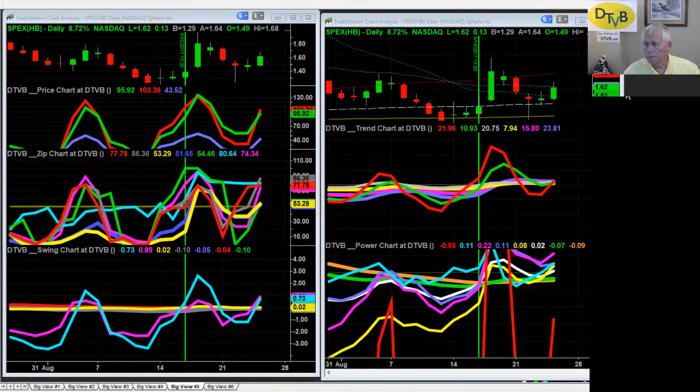And in this particular situation, I'm going to flip back. In this particular situation down here, the following day, power red crosses over zero and crosses over the power orange line, making for the big movement.